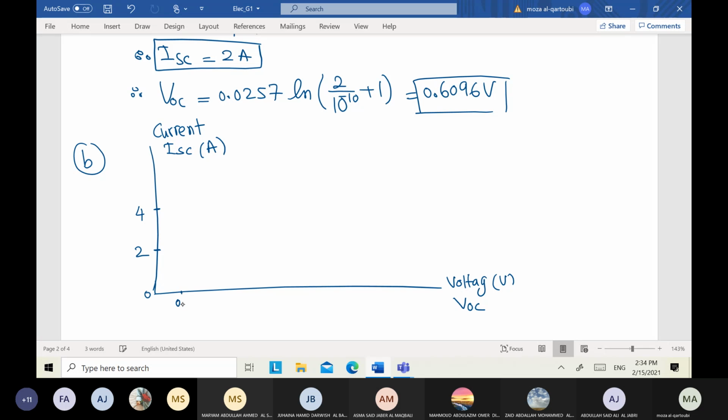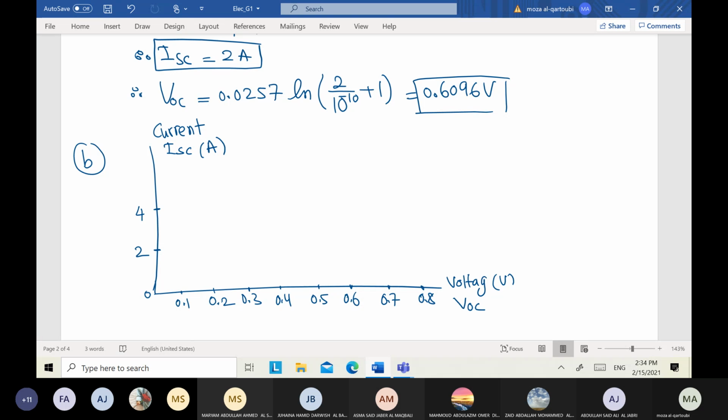If we take 0.1, because we need 0.6 in two cases, 0.63 and 0.6, we can take 0.2 or 0.1. So if we take 0.1, it will be 0.1, then 0.2, 0.3, 4, then 5, 0.6, 0.7, so we have 2.8, for example.